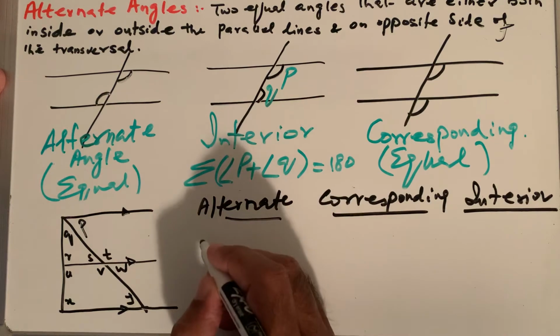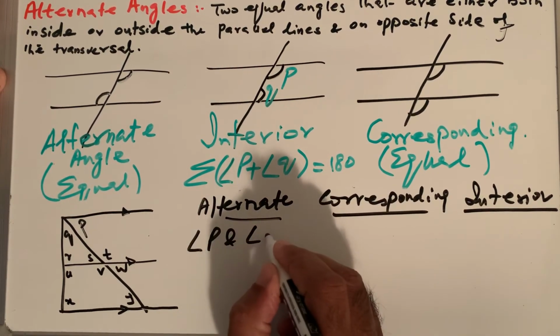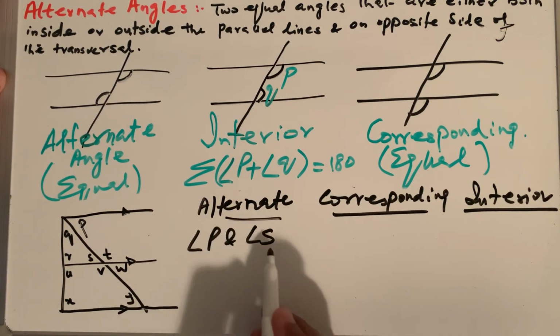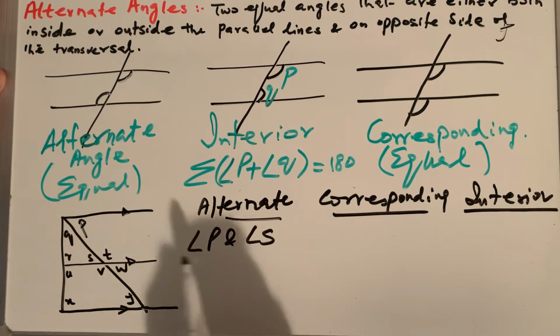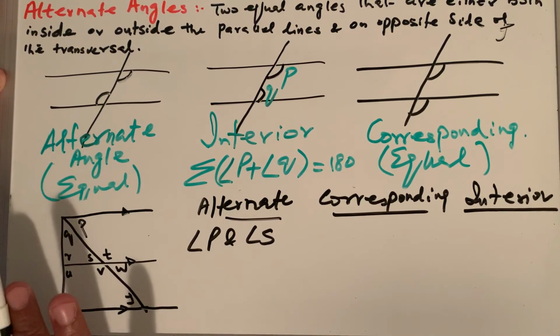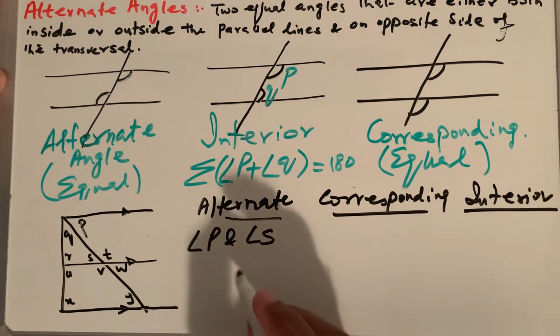How about angle P and angle S? Check it out and give me your feedback. Angle P is alternate to S, and they are equal. So alternate angles are equal, corresponding angles are equal, but the interior angles are not equal. Their sum is 180. So remember this definition.